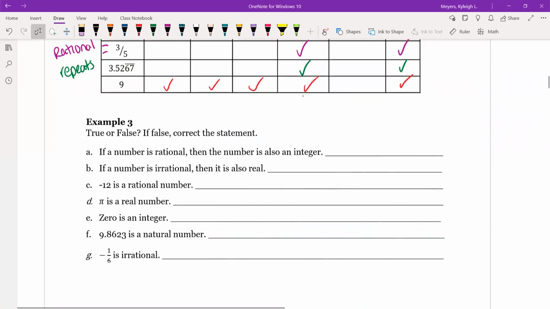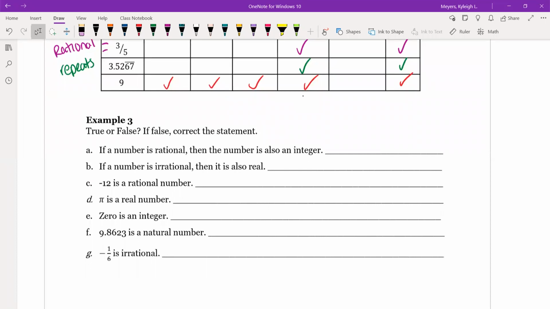Example 3, we want to correct these if we need to. If a number is rational, then it's also an integer. That one's kind of tricky. Are decimals integers? Are fractions integers? No, so this is false.